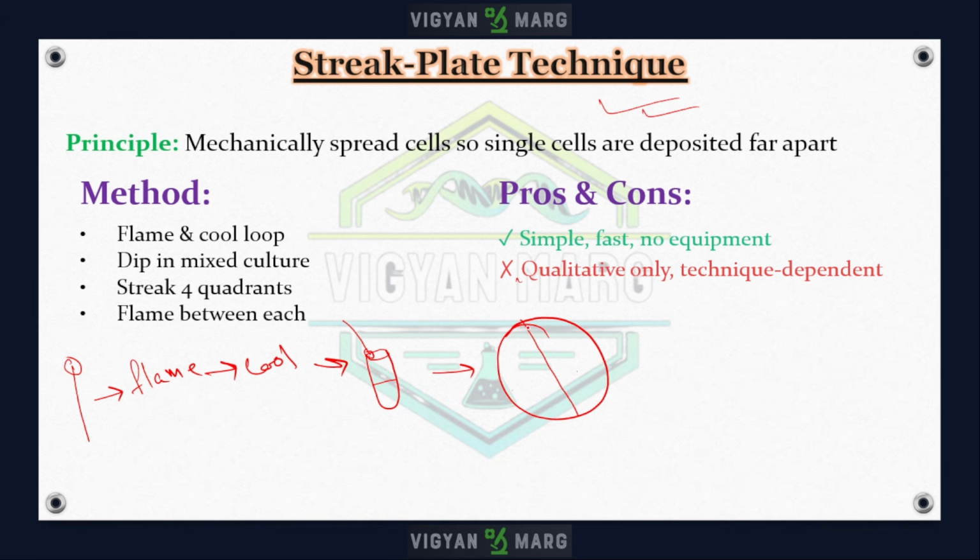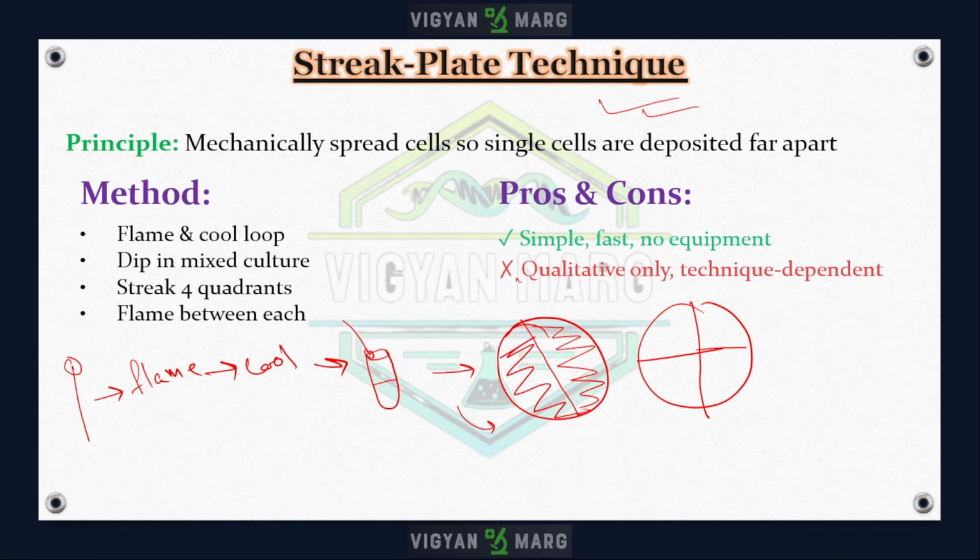When you take the culture, you will start from this point, you will streak it like this in that medium, and where you have ended it, you can flame the loop again. And again from where you have ended it, you can start like this. Thus you can repeat; if you make it a four quadrant, you can do the same thing.